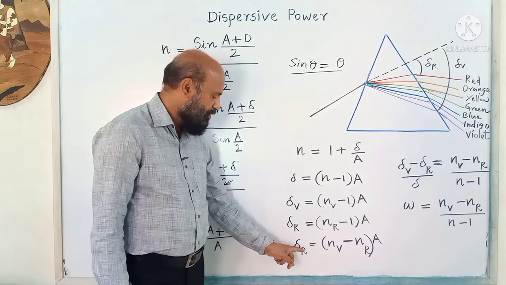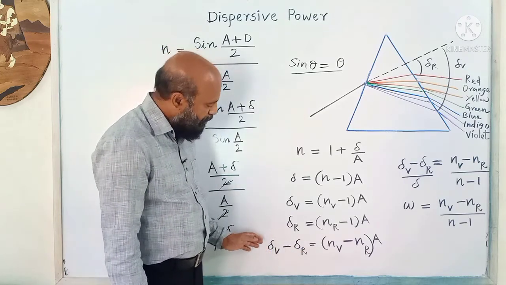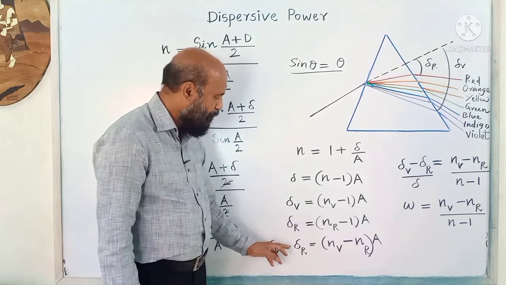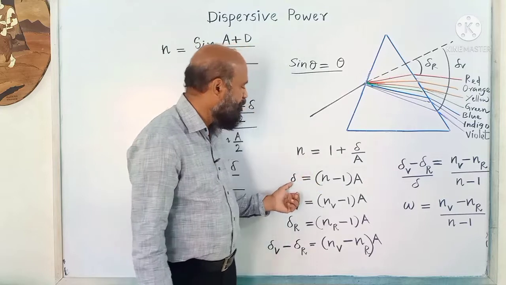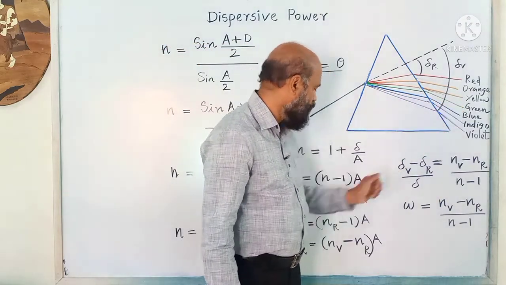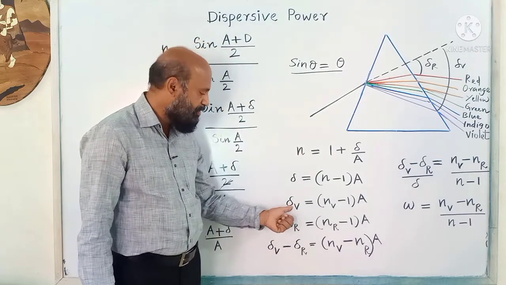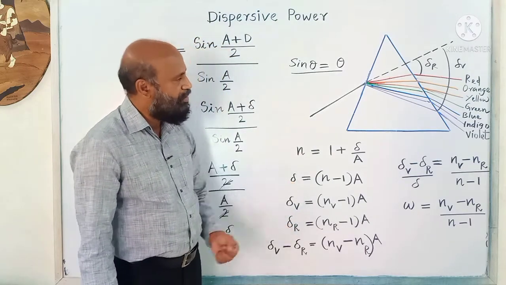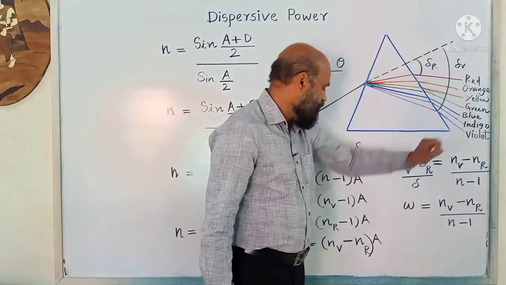It is also known as angular dispersion, delta V minus delta R. Delta is the deviation produced for any middle color, green or yellow.